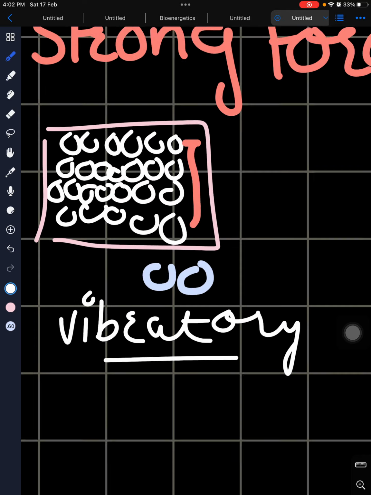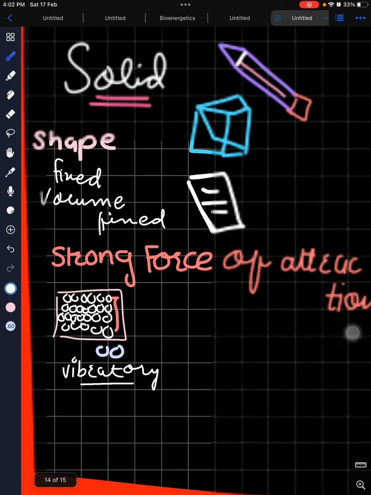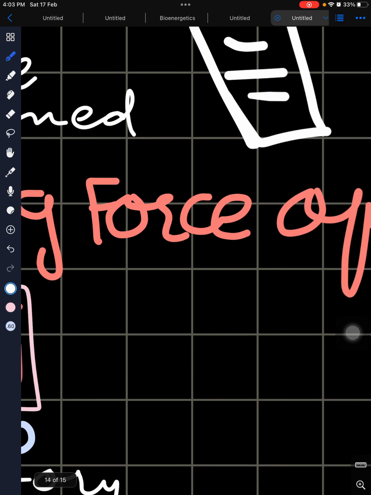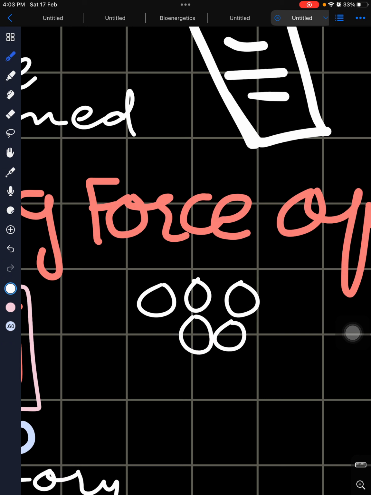Then, what is the effect of heat? If we heat it, the forces between the particles begin to break. If enough heat is given, it breaks the forces of attraction and they will change their state. Then, are they compressible?